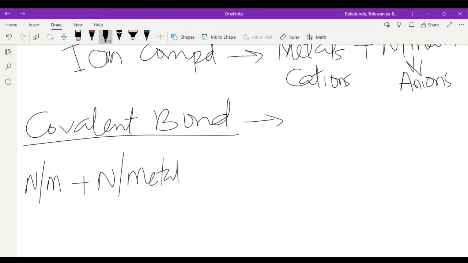In this case, because both of them are nonmetals, which are anions, they cannot lose electrons. They all want to gain electrons, so none of them is willing to lose electrons. As a result, in covalent bond, electrons are shared.